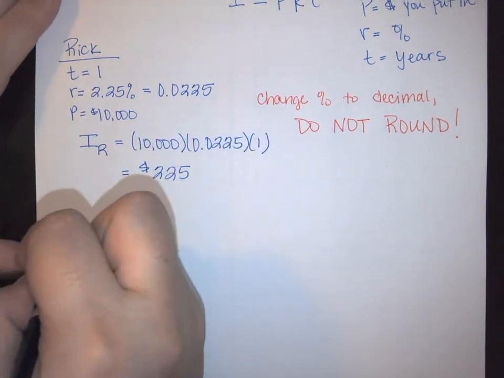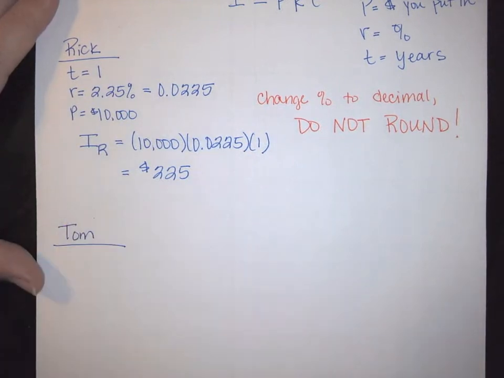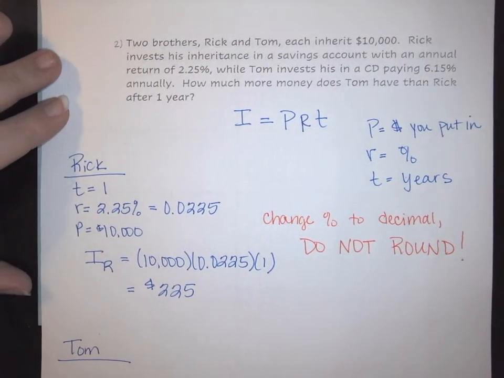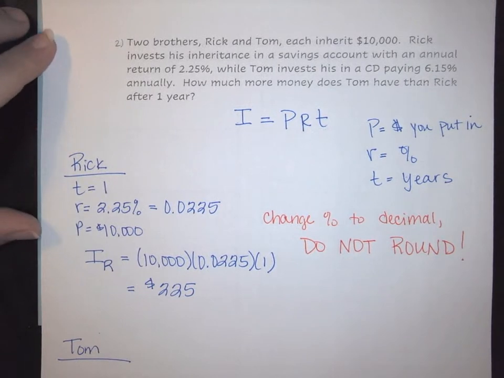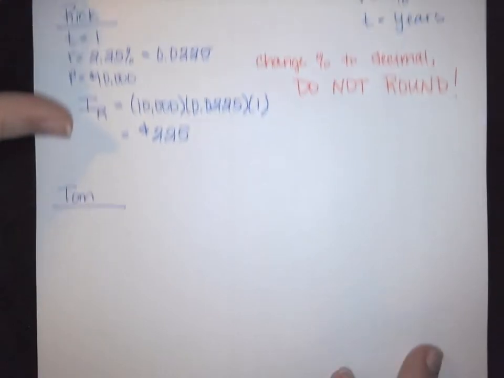Now the other person that we have is Tom. We need to look at Tom's information. Here it says that Tom invests his in a CD paying 6.15% annually.